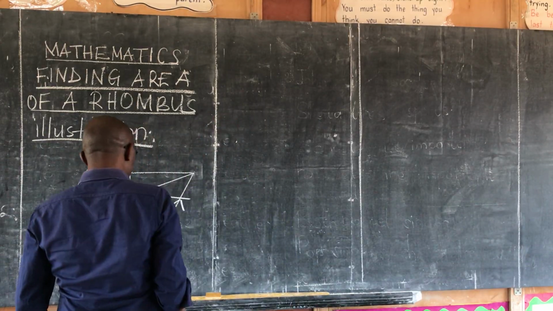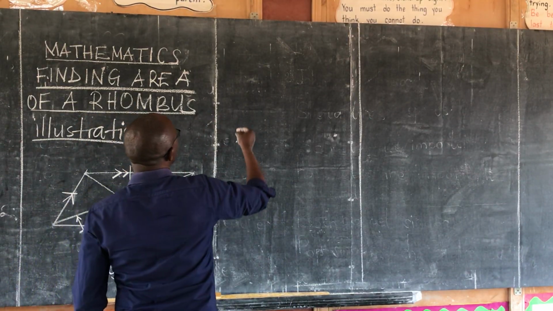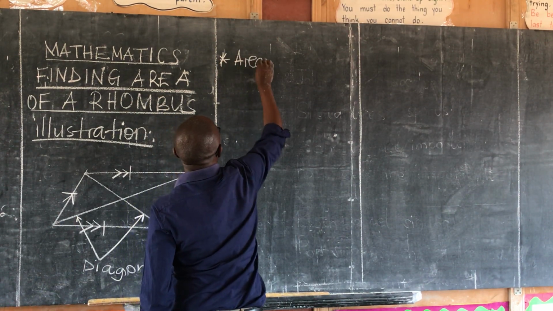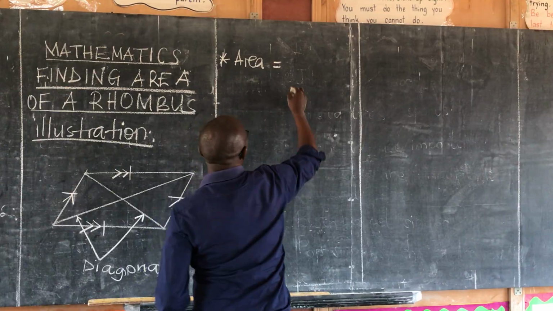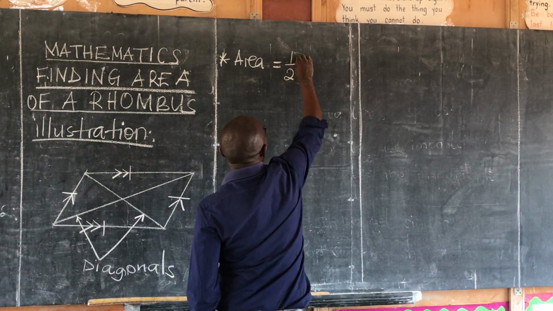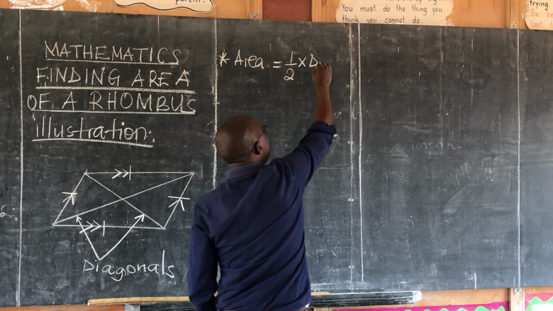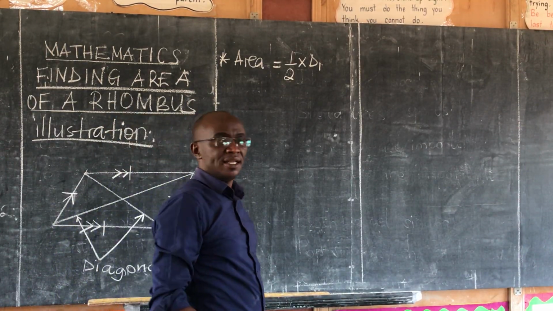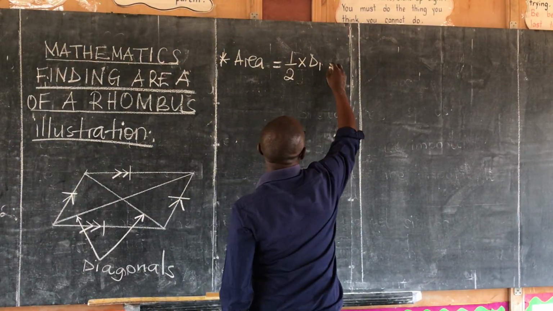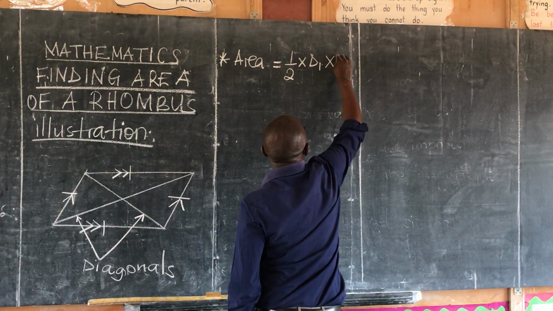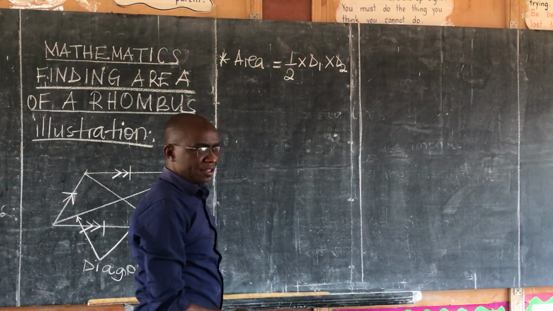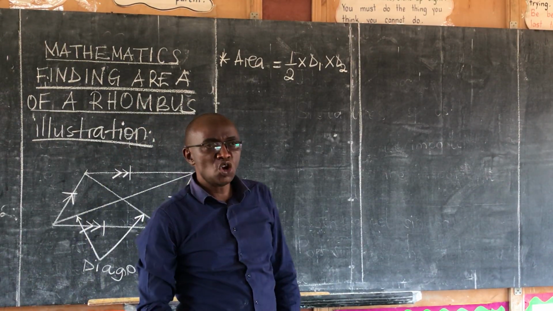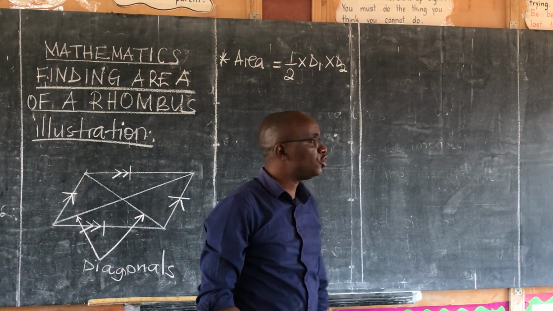So now, how do we find the area of a rhombus? Area of a rhombus is equal to a half times diagonal 1 times diagonal 2, remembering the diagonals are two.